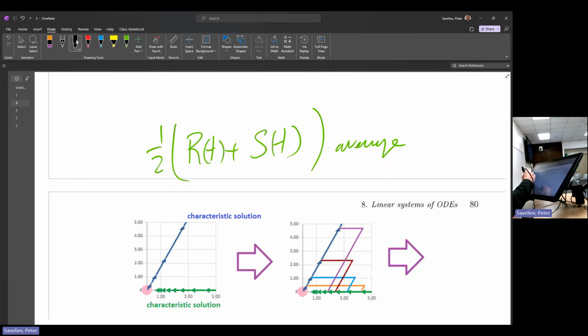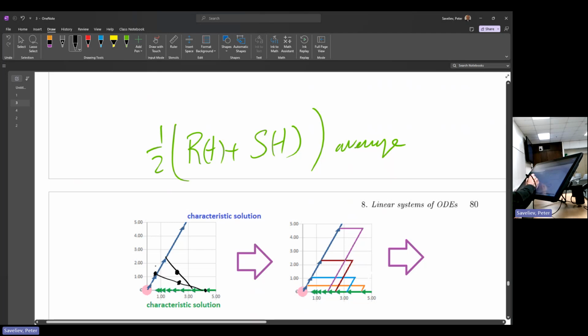So how do I pair them? Let's say I combine this one with this one, and that one. Then I draw a straight line, and halfway is a point on the new solution. Then I combine these two, and once again halfway is the point. And then one more, there will be a point over here somewhere.